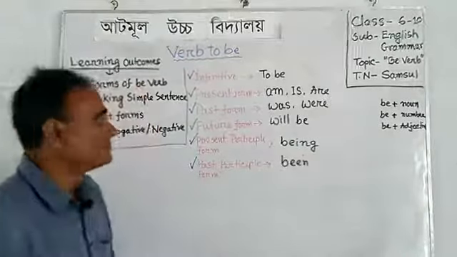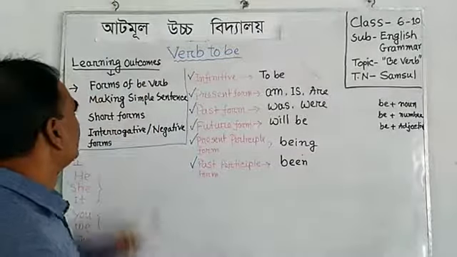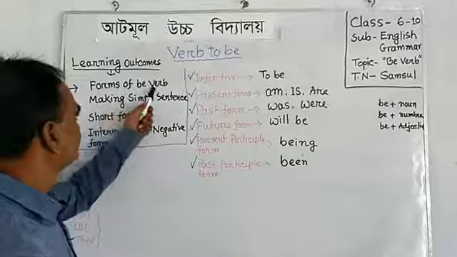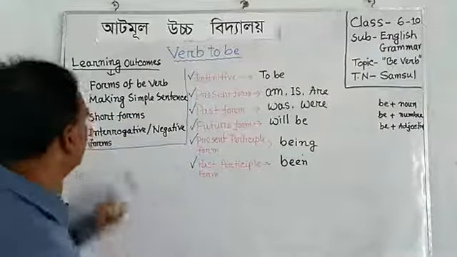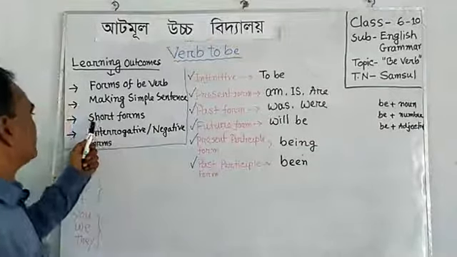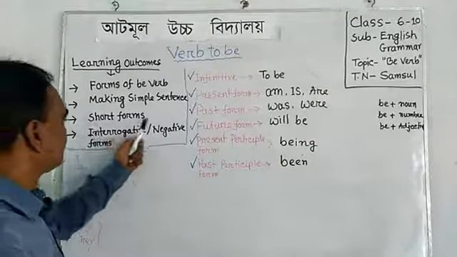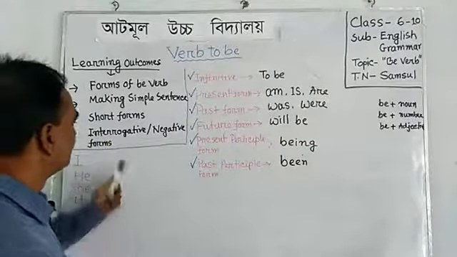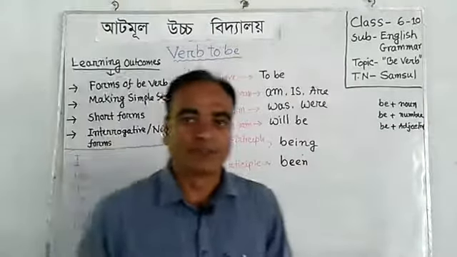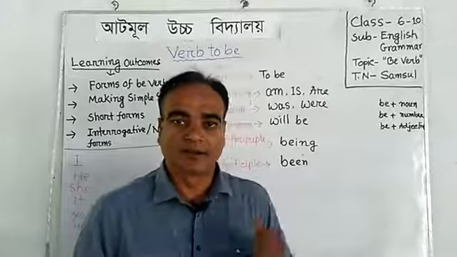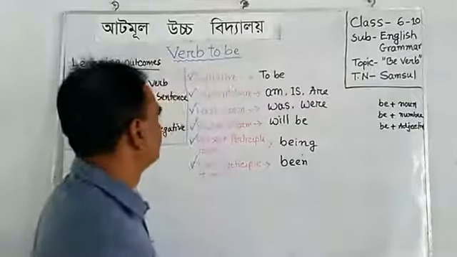And after this lesson, we will be able to know the different forms of verbs, making simple sentences with be verb. We will be able to make short forms of be verb, and we will be also able to make interrogative and negative sentences.